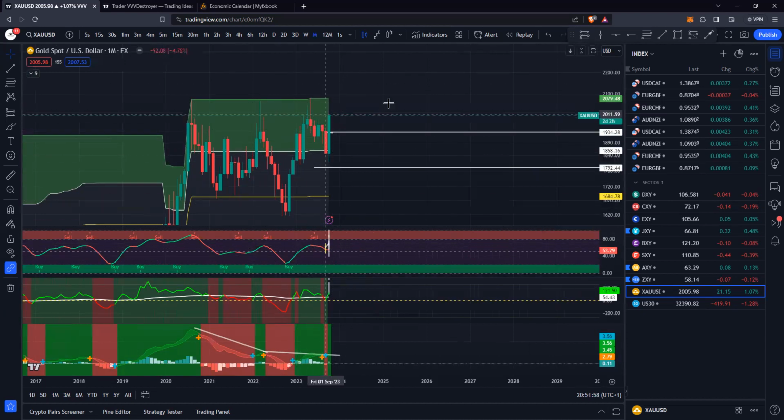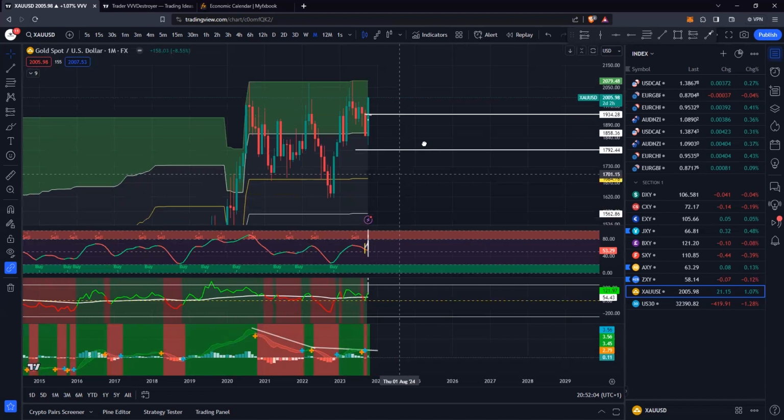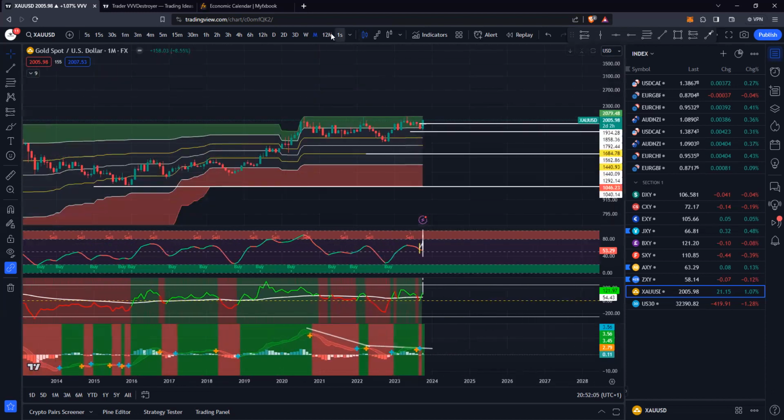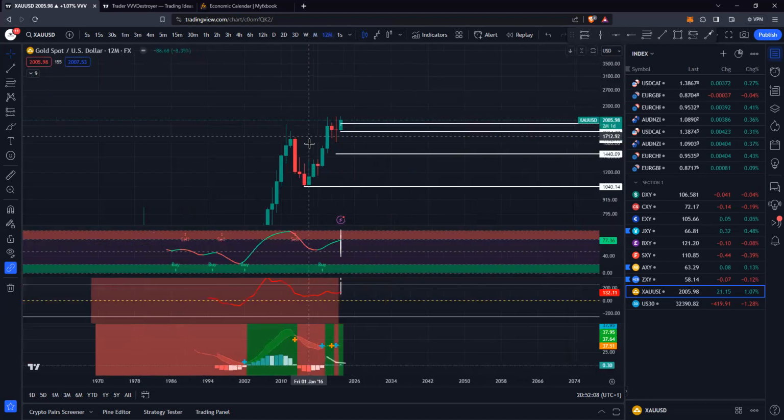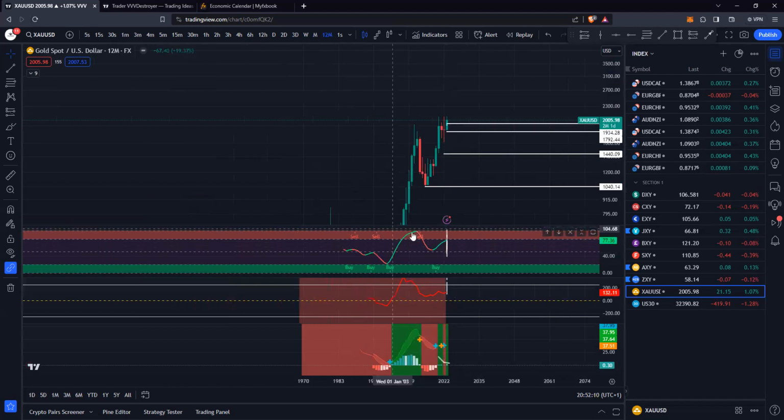So this could even be a divergence. Even if we're gonna make an all-time high, I'm still saying that the bigger picture, like I said before, is a huge divergence forming, which we didn't see before, not something like this.